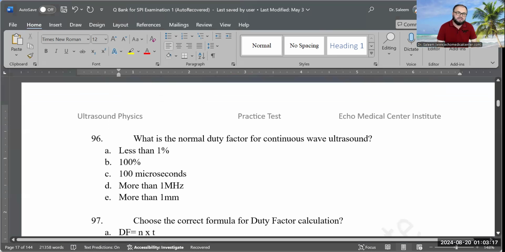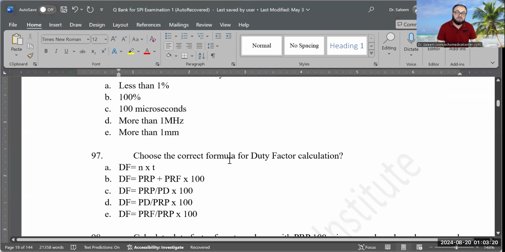Correct. Next question. Now choose the correct formula for the duty factor calculation. I said it earlier, but let's see if you can figure it out. Is it n times T, the number of cycles in a pulse times the period of one cycle? Is it PRP, pulse repetition period, plus PRF, pulse repetition frequency, times 100?